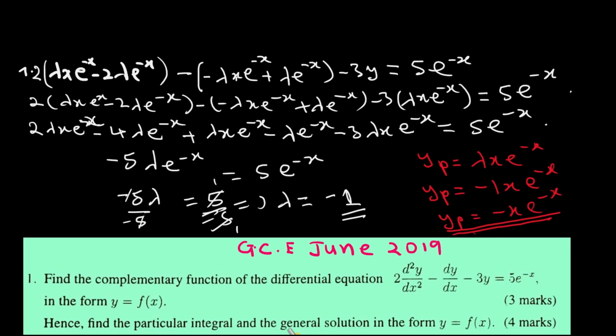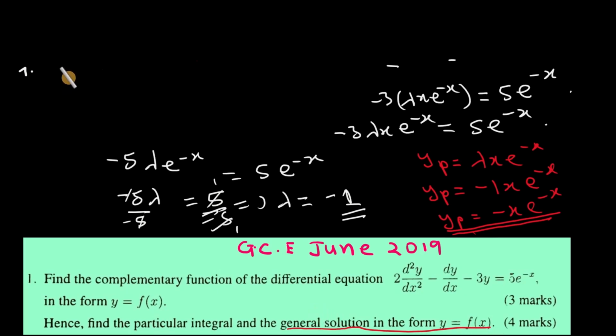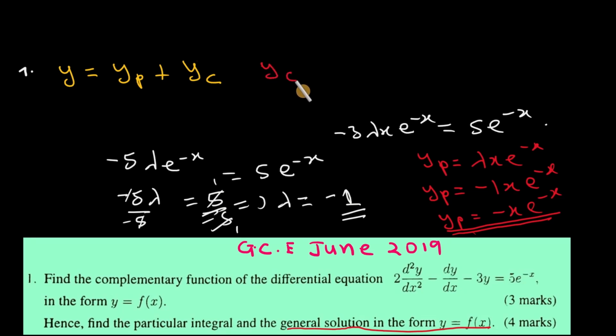So we are also required to look for the general solution of this equation in the form y equals f of x. The general solution y is always equal to the particular integral plus the complementary function. You know, the complementary function of the differential equation was a e to the negative x plus b e to the 3 on 2 x.